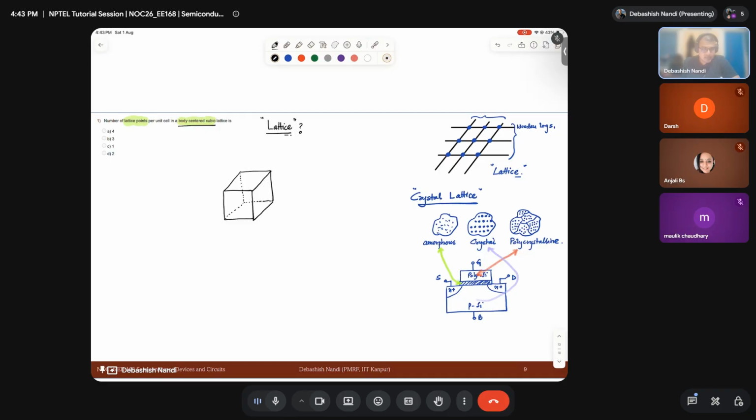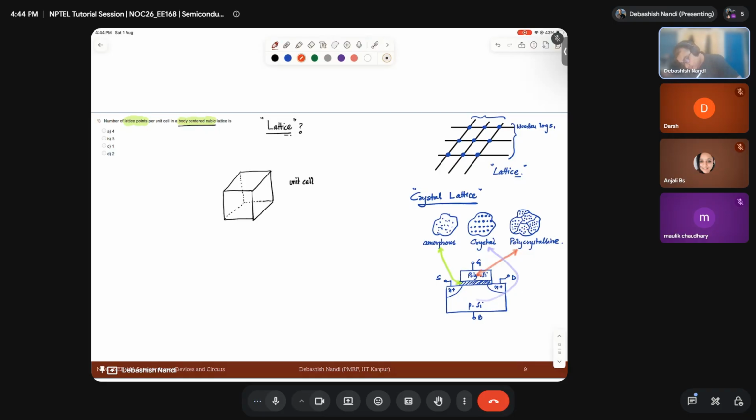The unit cell is a volume constituted by the atoms. If it can be repeated multiple times in any direction, it will constitute the overall crystal, right?